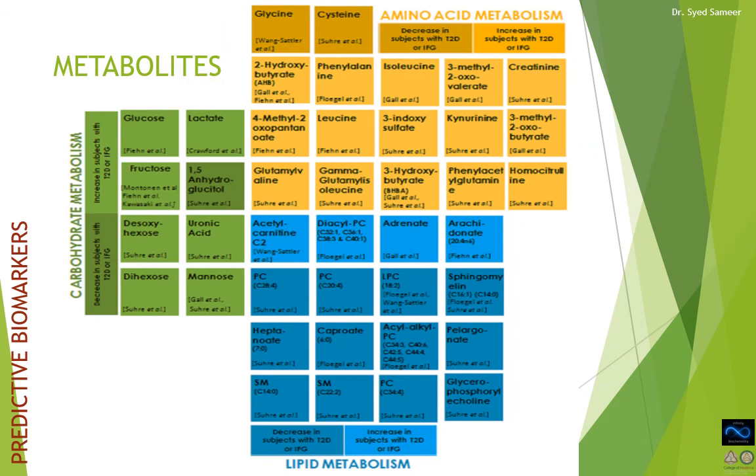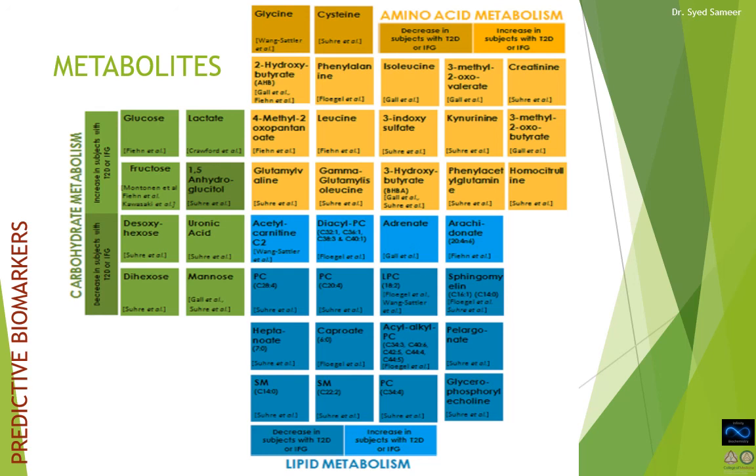And finally, metabolites can also be utilized as predictive biomarkers for hyperglycemia and glycemic control. You can see in the panel the different metabolites or intermediates of three different kinds of metabolism that take place in an individual, and all of these can be utilized together with bioinformatics to ascertain the prediction of whether an individual will develop diabetes mellitus or not.